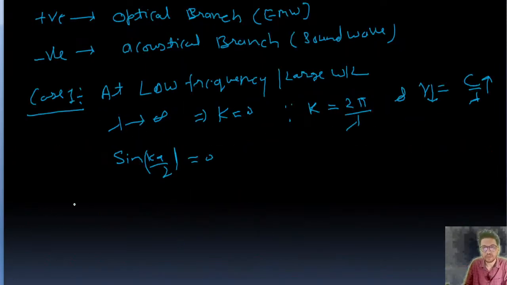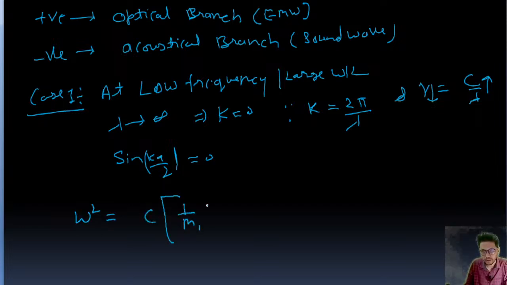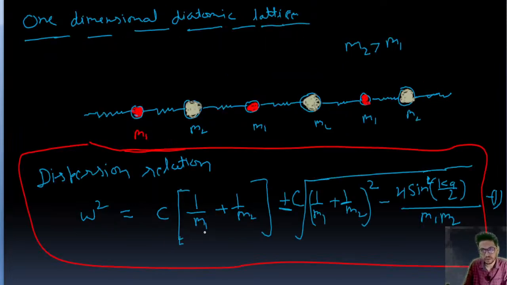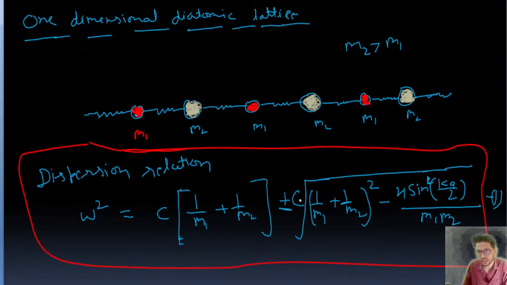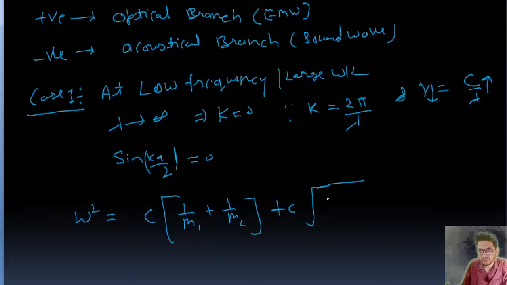So omega square is going to be c into 1 upon m1 plus 1 upon m2, and for the optical branch we'll take only the plus sign, plus c root of 1 upon m1 plus 1 upon m2 whole square minus 0, since sin k by 2 is sin 0, which is 0.